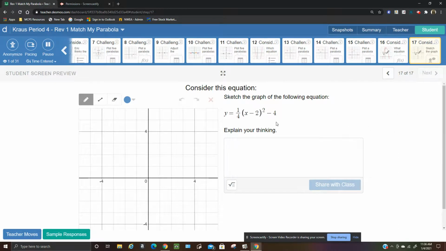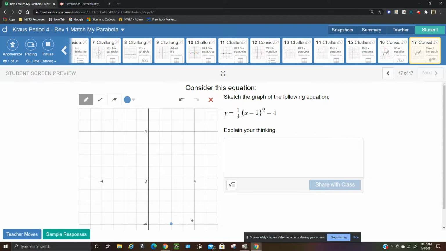All right, so sketch the graph of the equation. My vertex is at 2, negative 4.